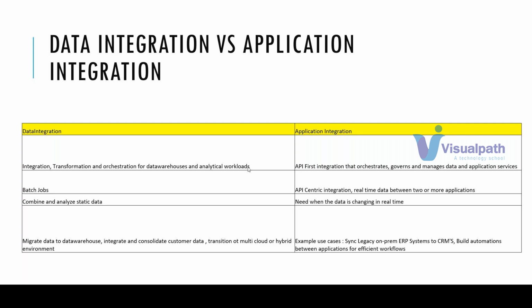For example, in data integration we can talk about loading data to a data warehouse, integrating and consolidating your customer data, or transitioning to a multi-cloud or hybrid environment. In app integration, we have use cases like syncing legacy on-prem ERP to CRMs. Also, you can build automations between applications for different workflows.